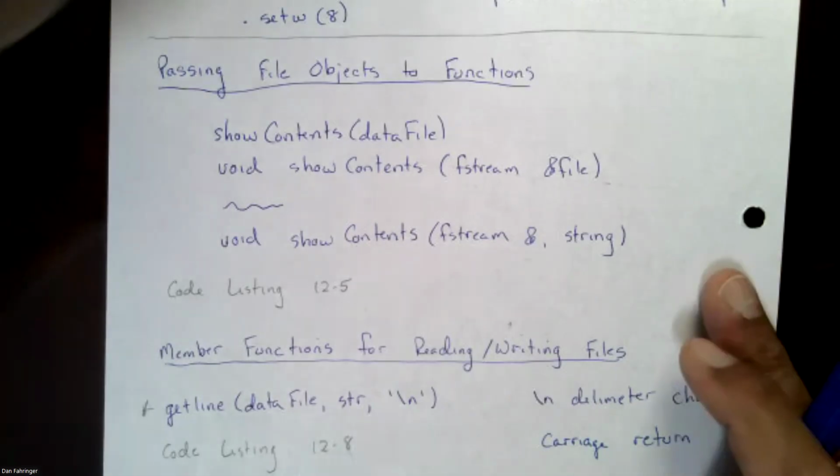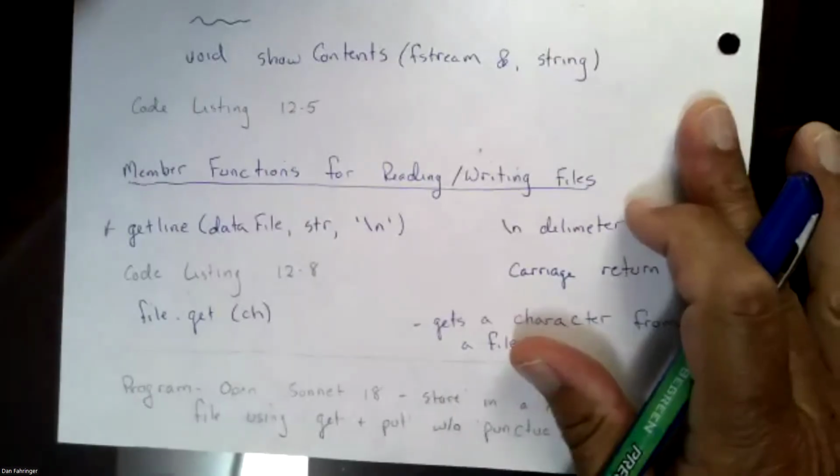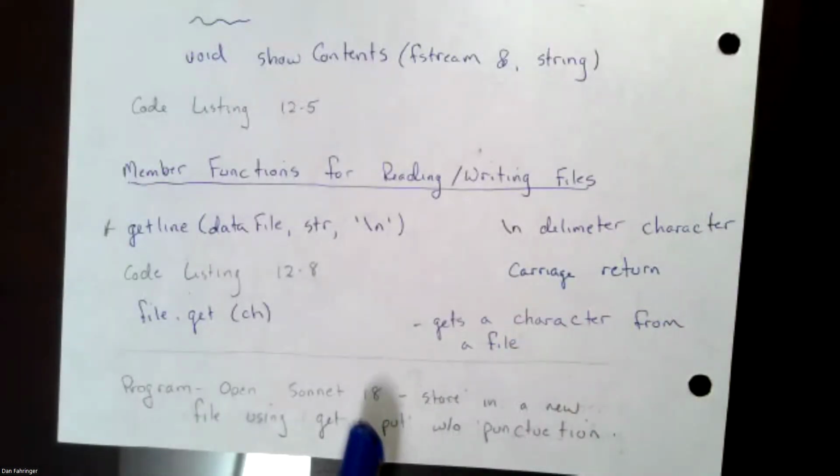How about that? So what do I want to do? I want you to play. Something in there looks like code listing 12.8 is going to be a big help to what I want you to do. I gave you Sonnet 18 in the news the other day for that possible extra credit. I want you to go get that Sonnet 18 and put it in a data file.